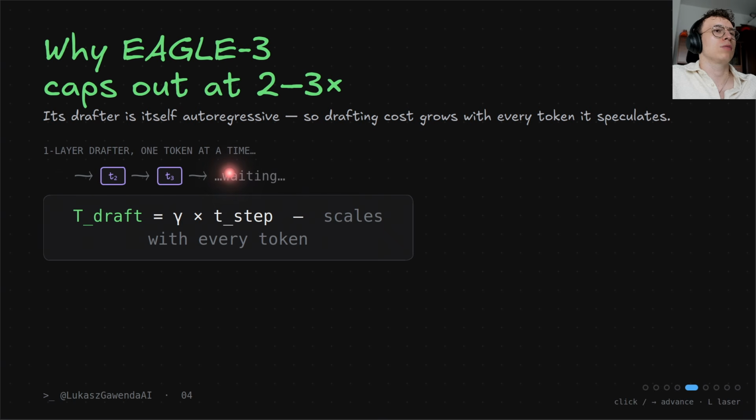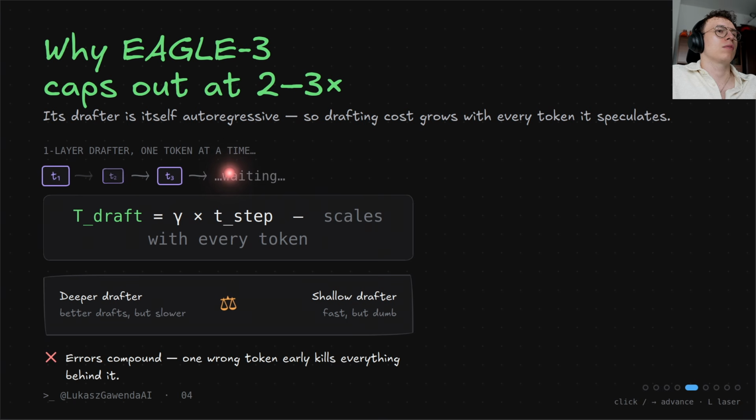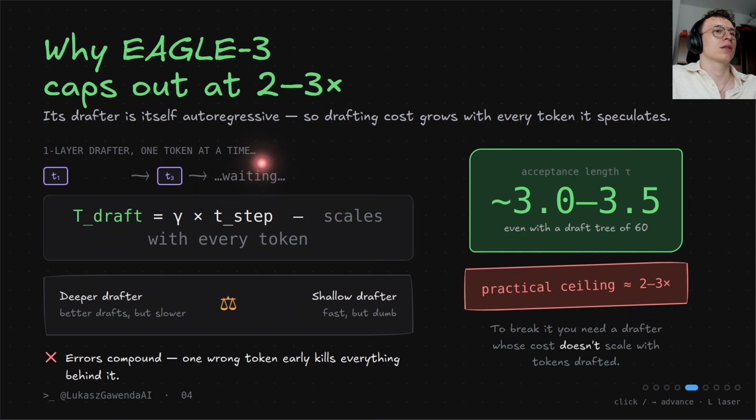So to keep it cheap, the drafter is a single transformer basically. And a one layer model isn't a great language model. It accepts around 3 tokens per cycle. And pushing the speculative budget higher barely helps because acceptance saturates while the cost keeps climbing.